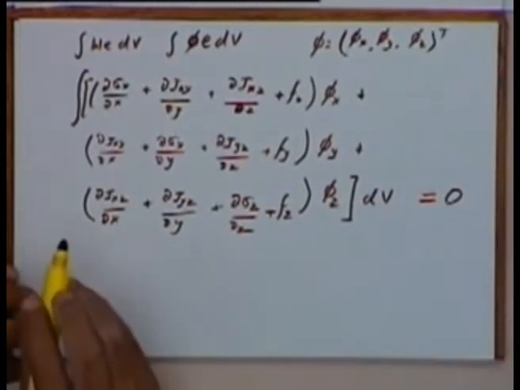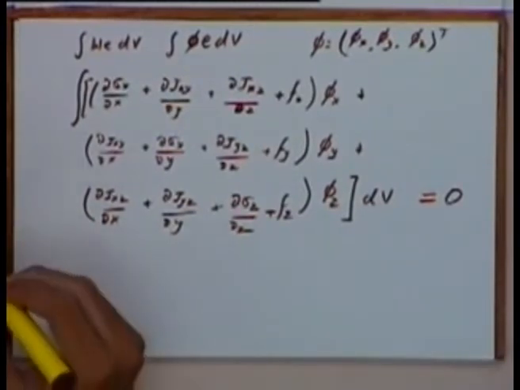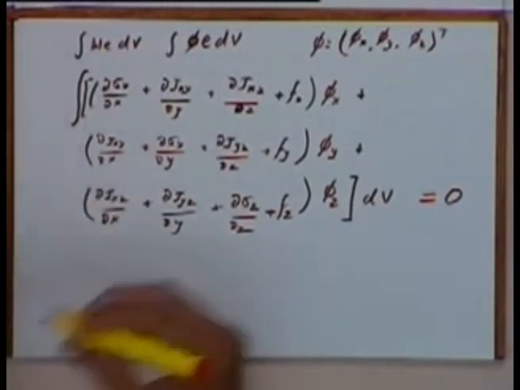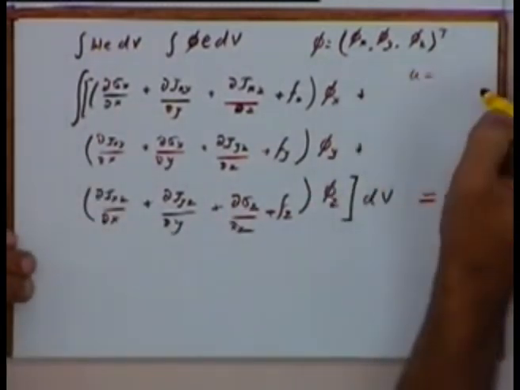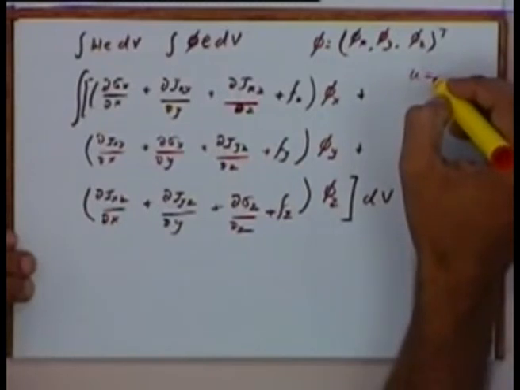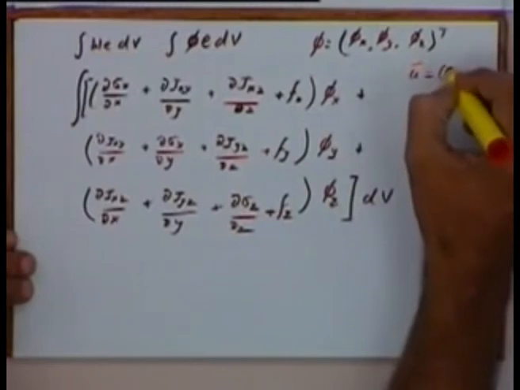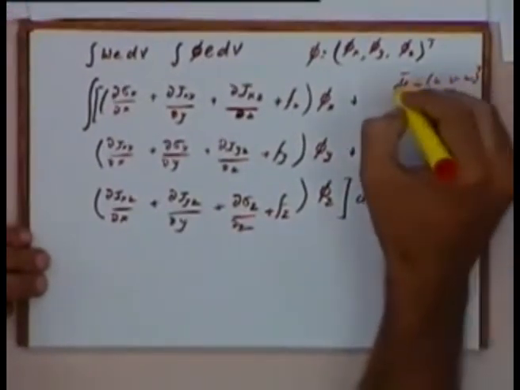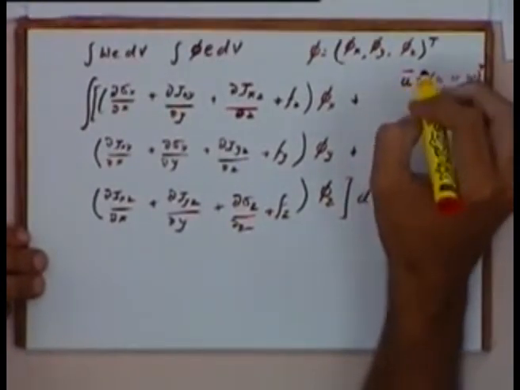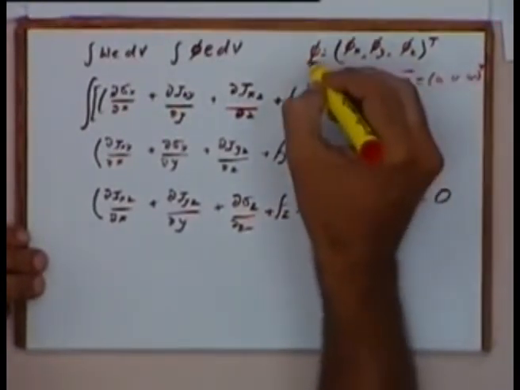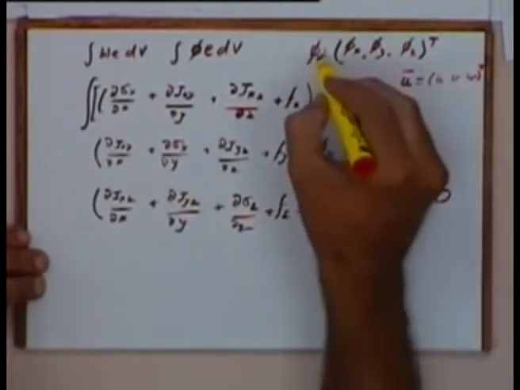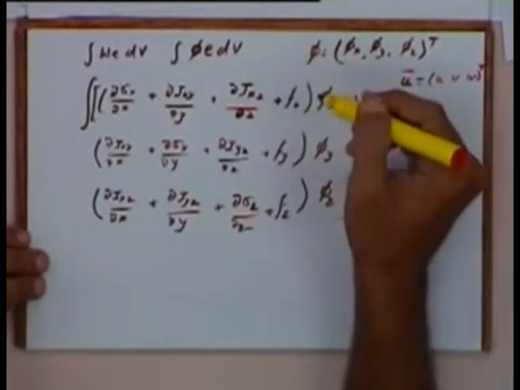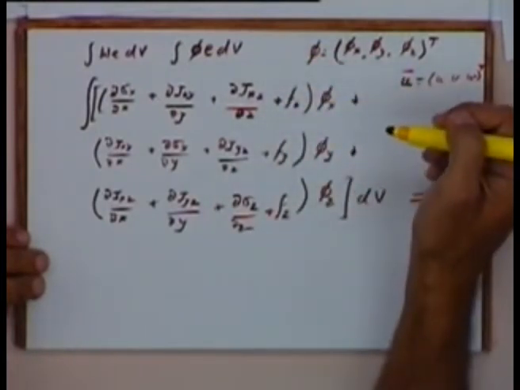In the Galerkin's approach we would follow the same method, the same constraints: for u we will assume a certain approximation. We will say u bar is equal to u v w transpose. Whatever formulation we choose for u bar, we will use the same formulation for phi, with the additional constraint that even for phi the same boundary conditions should be satisfied.